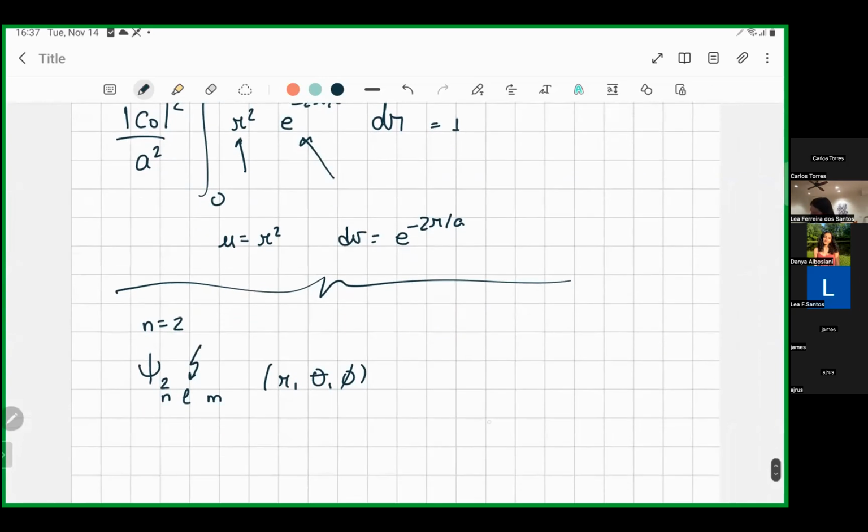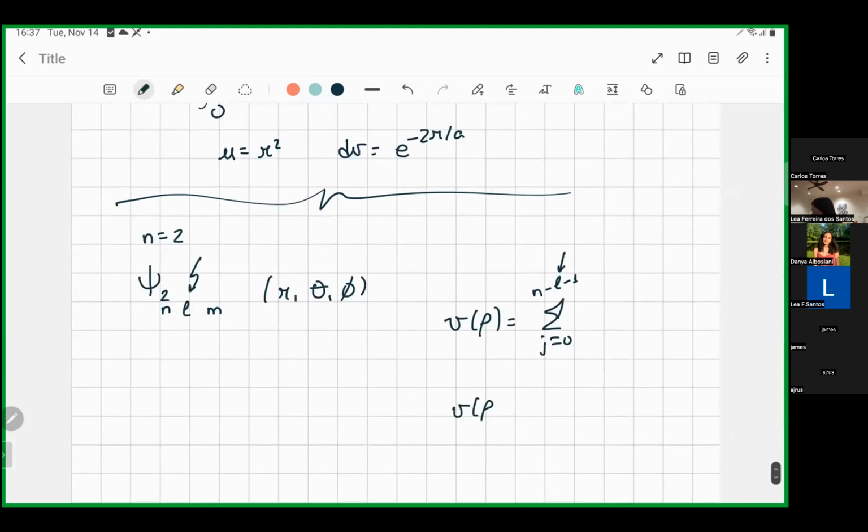We come here in the truncated sum for the V that goes from J0 to little n minus L minus 1. And we have to determine now what this L will be. N, in our case, is 2. No? We are thinking about the first excited state.